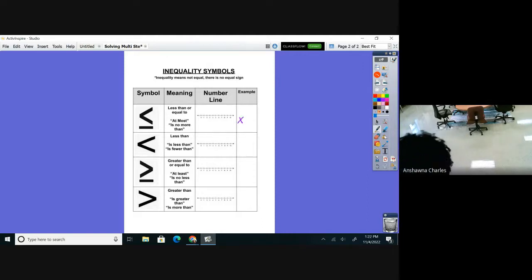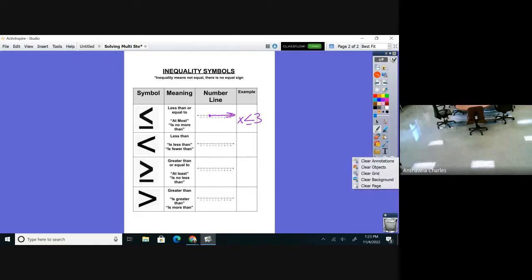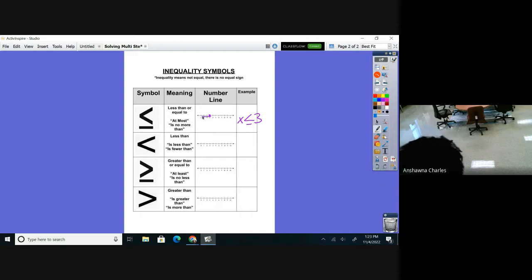If I had x is less than or equal to 3, that means I would start at 3 with a closed circle and go to the left. My bad, I'm sorry. Go to the left.